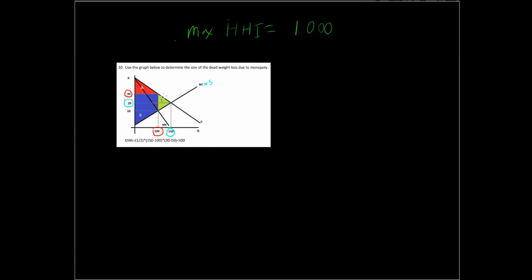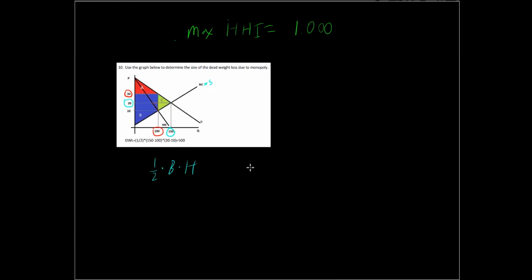And to do that, we're just finding the area of triangle C, right? Because that's the dead weight loss. So we just use the triangle formula, 1/2 base times height.